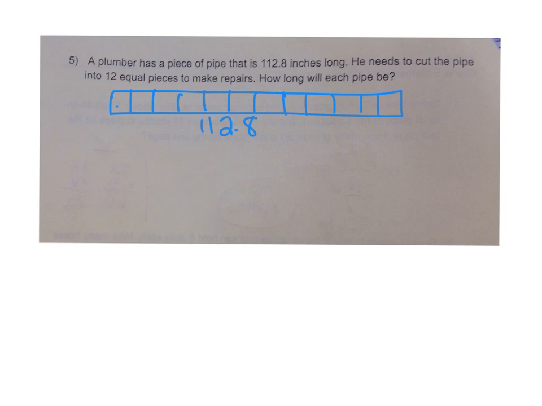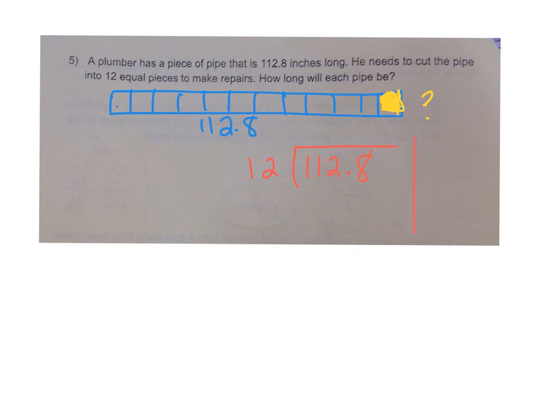So that's what I'm doing, and I want to know how long will each pipe be. So each piece, one little piece, is what I want to know. So that's a division problem. I'm taking my 112 8/10 and dividing that 12 ways.